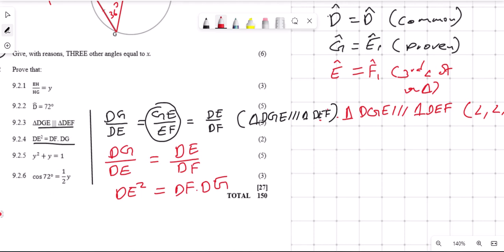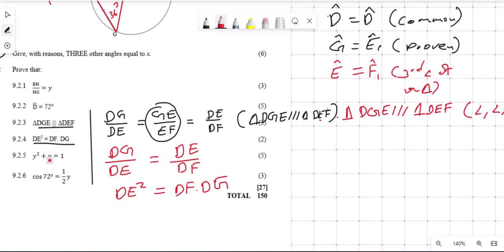Now, let's go to 9.2.5. Let's see, what do they have here?